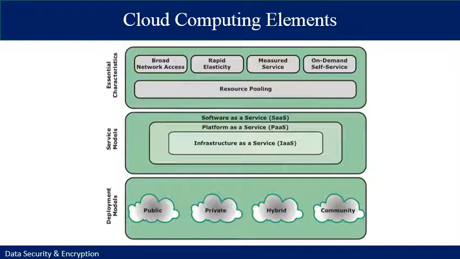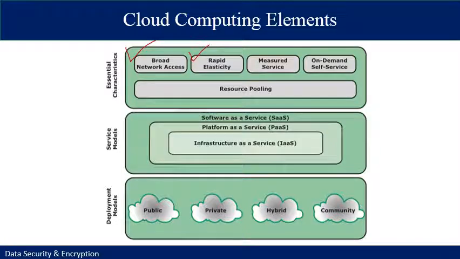First of all, we have the broad network access essential characteristic, which refers to capabilities that are available over the network and accessed through standard mechanisms that promote use of heterogeneous thick or thin client platforms such as mobile phones, laptops, and personal digital assistants, as well as other traditional or cloud computing based software services.